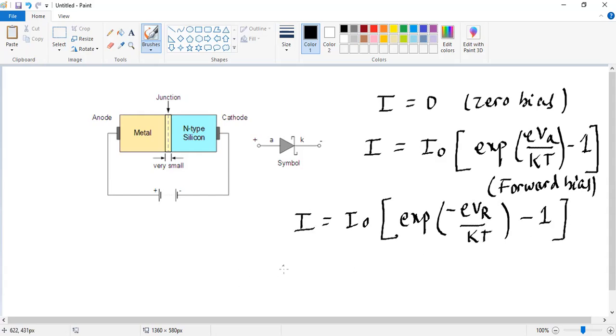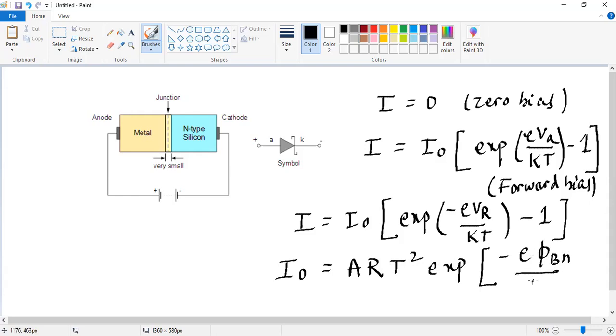And we define this I0 as A R T square e to the power minus e phi Bn over kT. This is your I0 value.